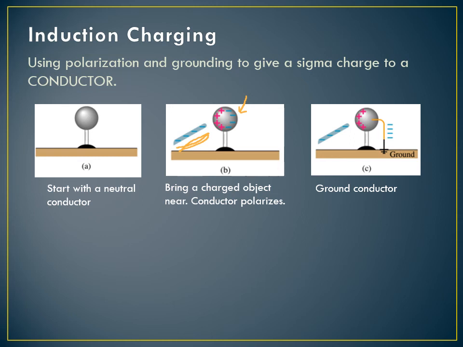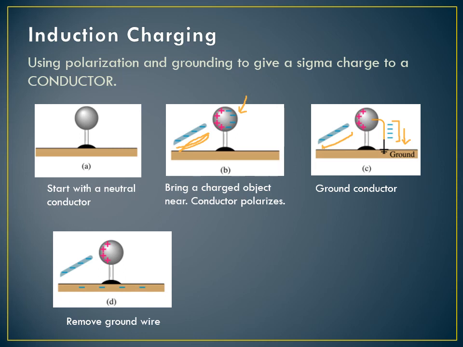The next step is to attach a ground wire from the conductor to the ground. And the reason you do that is because electrons now can flow on or off of the conductor in order to try to get closer or further away from this charged object. In this case, it's a negatively charged object, so the electrons on the conductor are going to run away and go onto the ground.